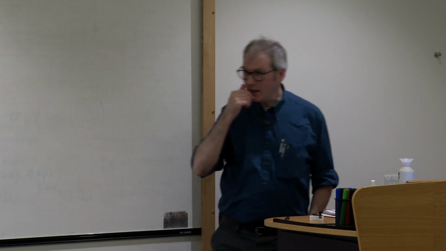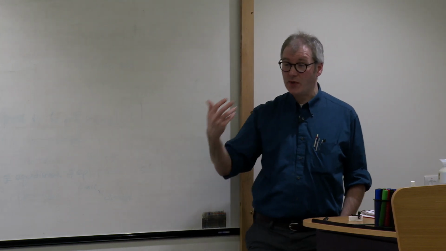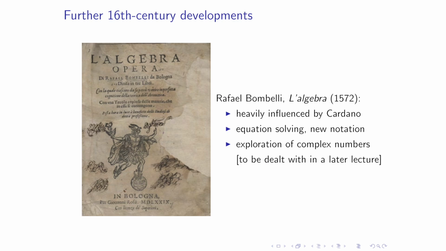Okay, so I think I acknowledged maybe in an earlier lecture that Cardano is writing in terms that are quite alien to us, so we find him difficult to read, but even his contemporaries found him quite difficult to read. So you find people in the later parts of the 16th century reinterpreting and tidying up things that Cardano had said, and in particular Raphael Bombelli publishes this text. It's in Italian, so these ideas are spreading to a wider readership.